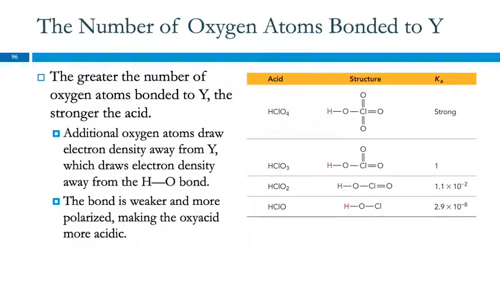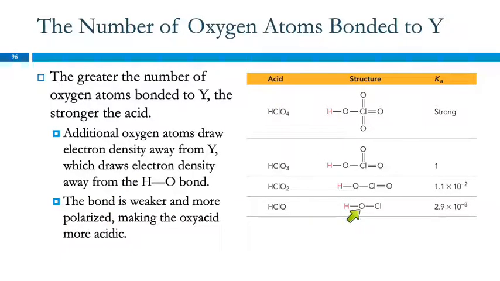And also the number of oxygen atoms that are on that Y element. The more oxygen atoms we have bonded to the Y, the stronger the acid. This is because the additional oxygen atoms pull electron density away from Y, which pulls electron density from the OH bond, making that bond weaker.